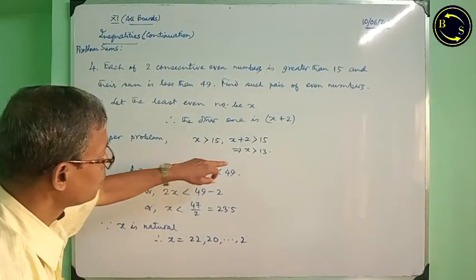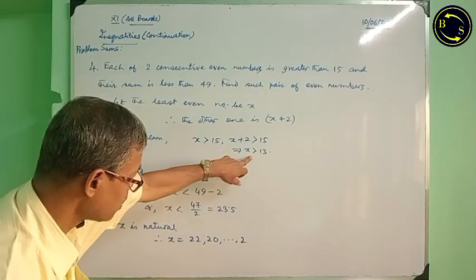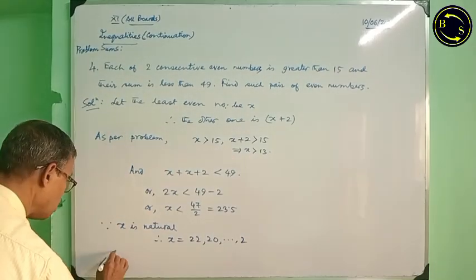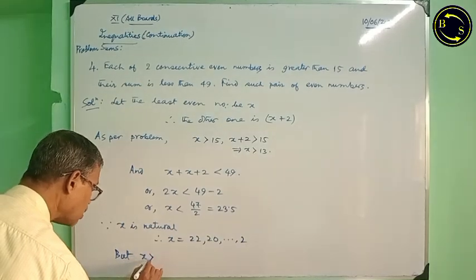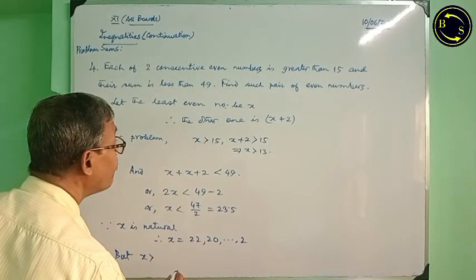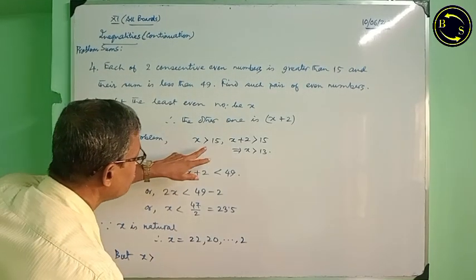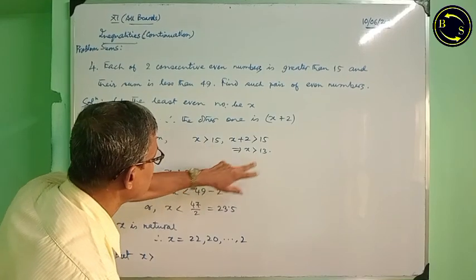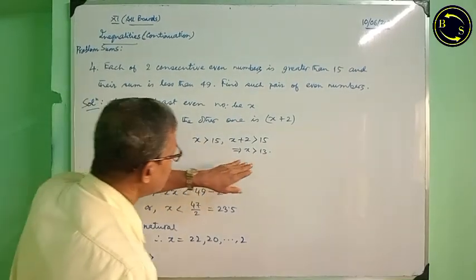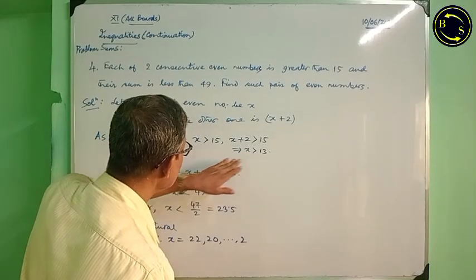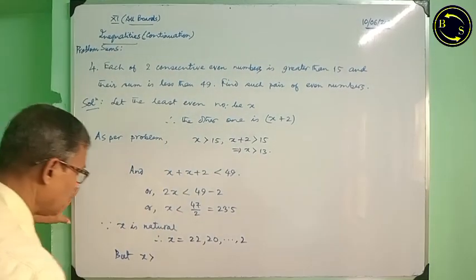But we have the condition x greater than 13, but x greater than 15 as well as 13. If I take x greater than 13, naturally sum will be greater than 15.